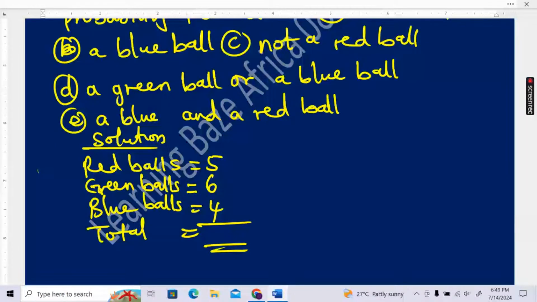All together, how many balls do we have? 5 red balls, 6 green balls, 4 blue balls. What is the total? Thank you. That's 15. So we have 15 balls.